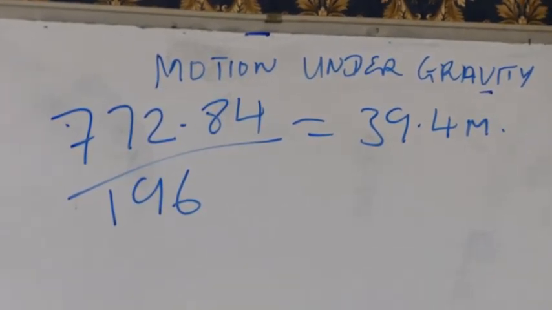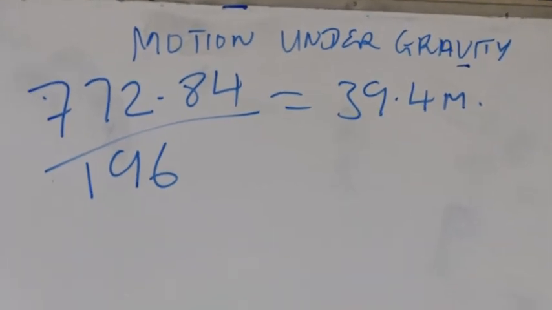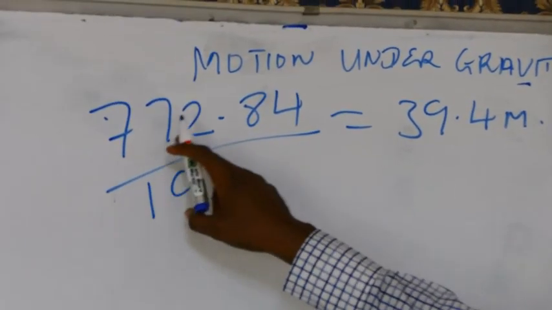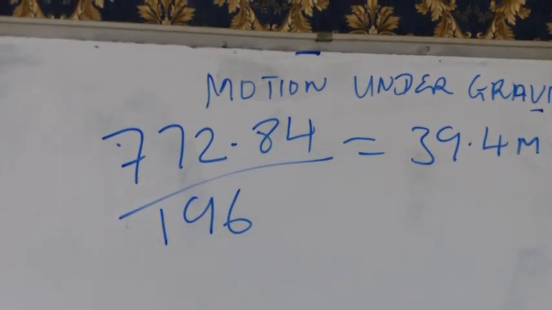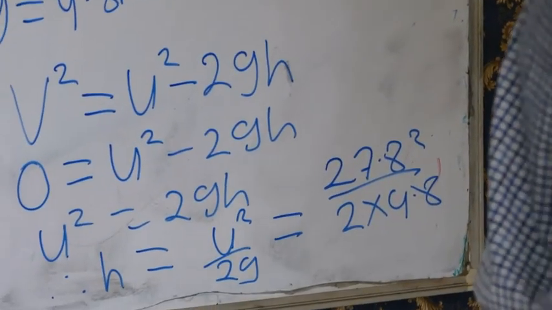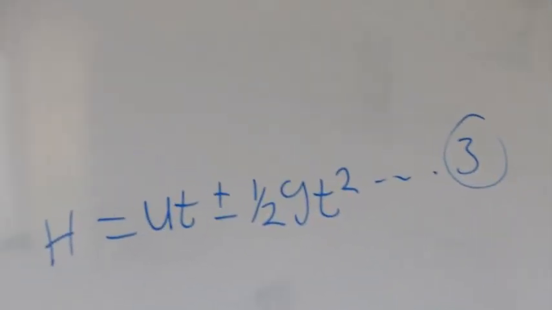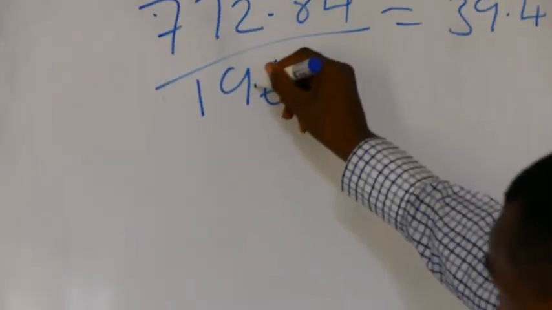Okay, so if you compute this correctly, that will give us 772.84 all over, sorry, not 196, 19.6.